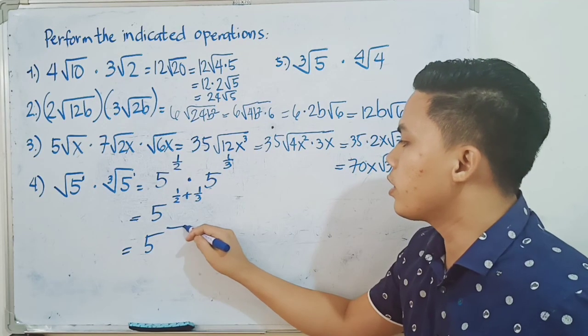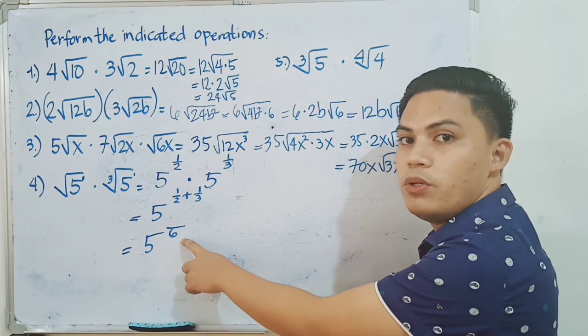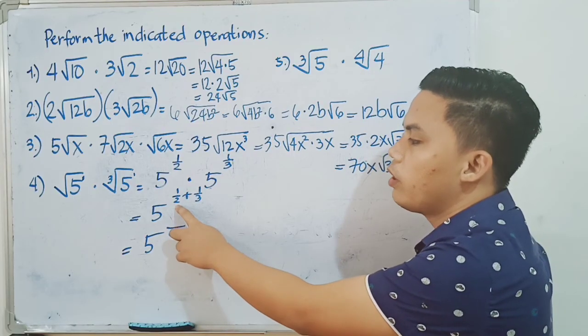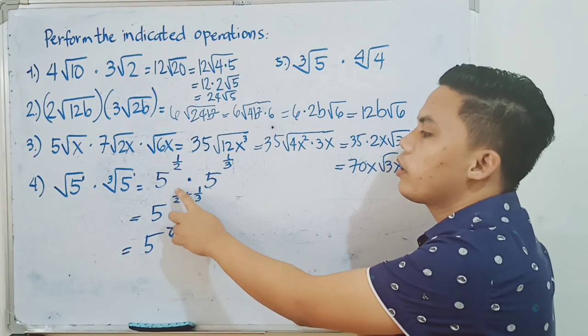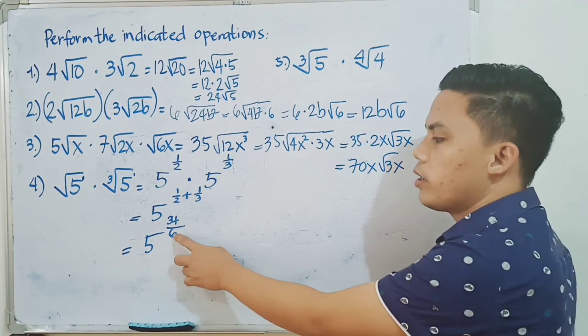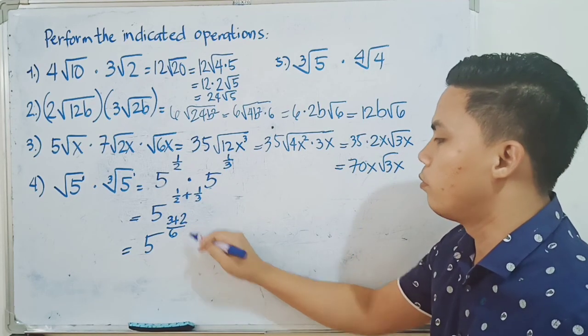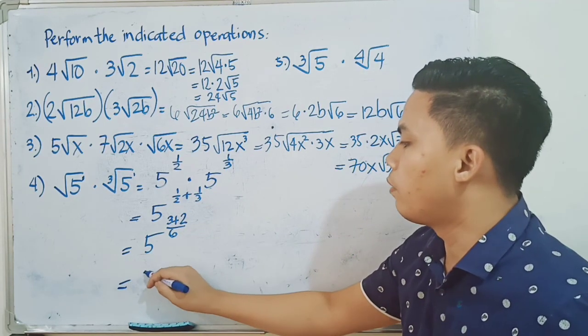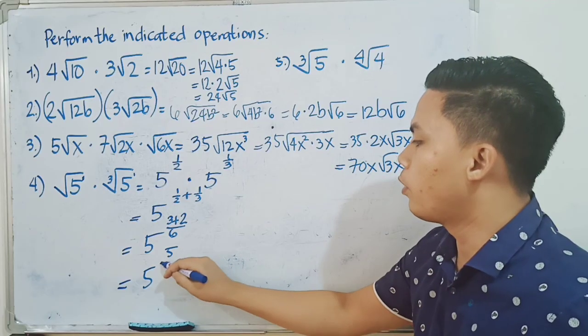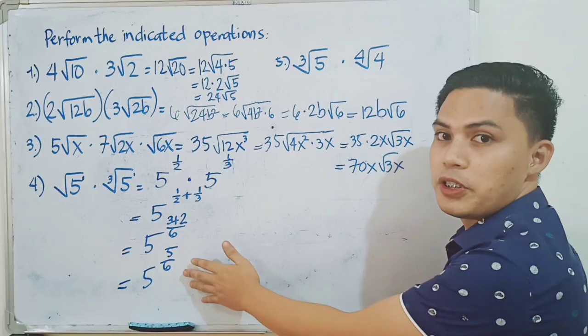So, ang LCD ng 2 at 3 ay equal to 6. So, 6 divided by 2 is 3 times 1, we will have 3 here. Plus, 6 divided by 3 is 2 times 1 is equal to 2. So, we have 5 raised to the power of 5 over 6.